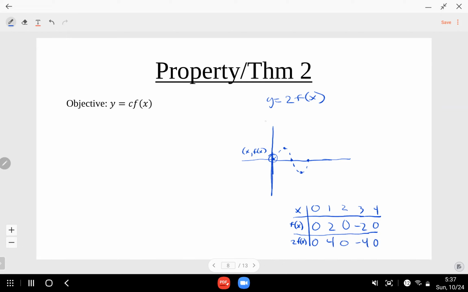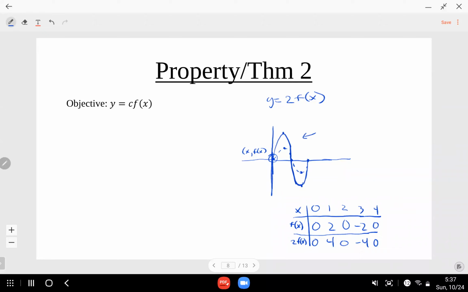And you can see here that you stretched it vertically, right? You stretched it vertically. This is our result here.